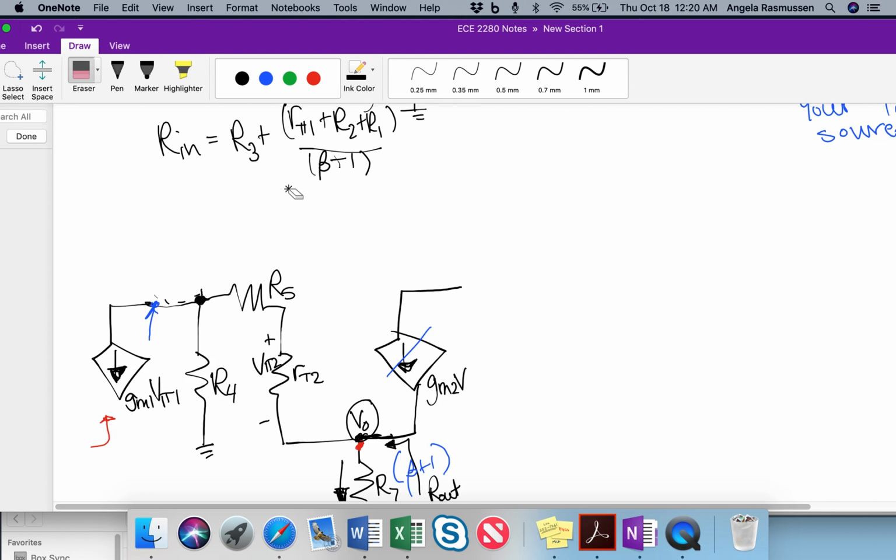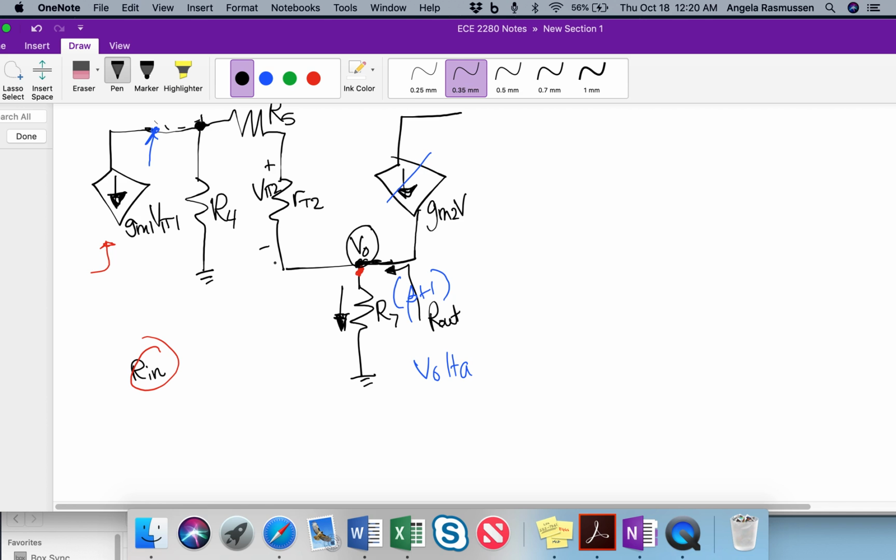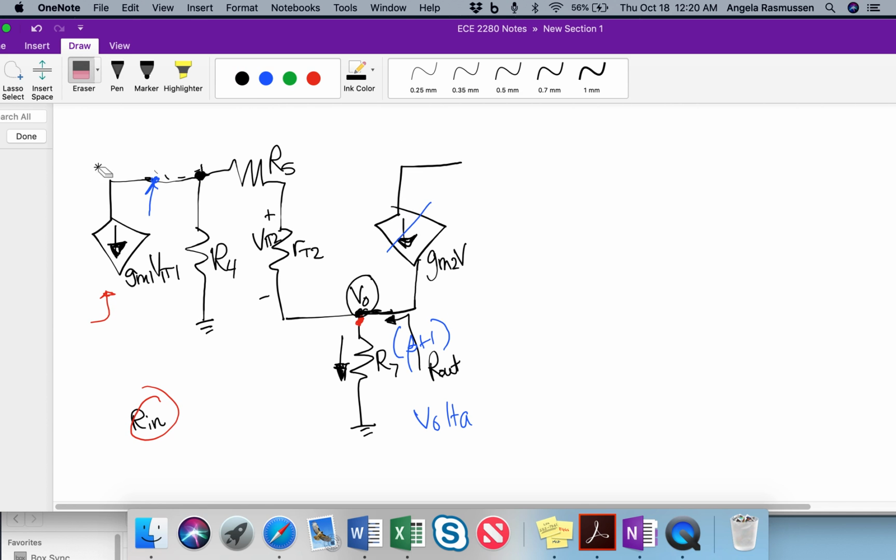Alright, and so from here we can get rid of this RN. Okay, there's the rest of that circuit and the rest of that side of the circuit.